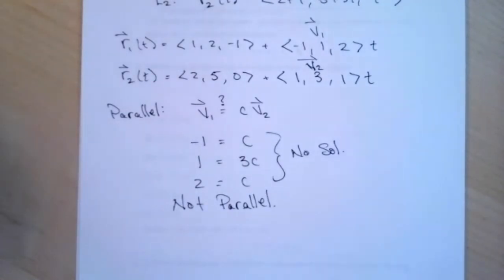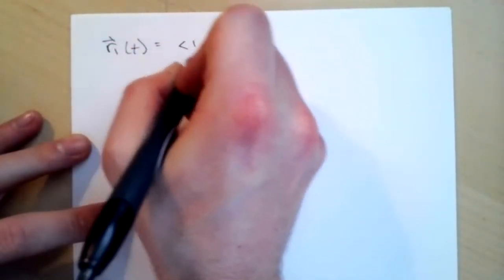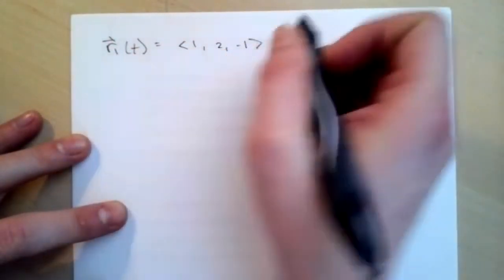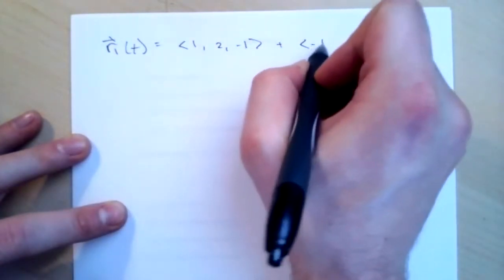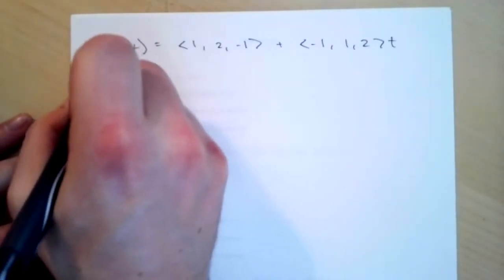We want to ask, are they skew or are they intersecting? So we've got a little bit of a problem. Let me go ahead and rewrite the equations here. We've got R1 and we've got R2.